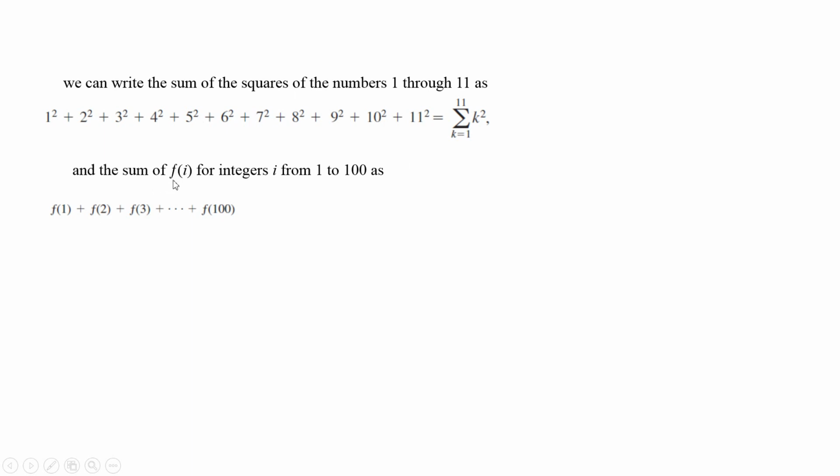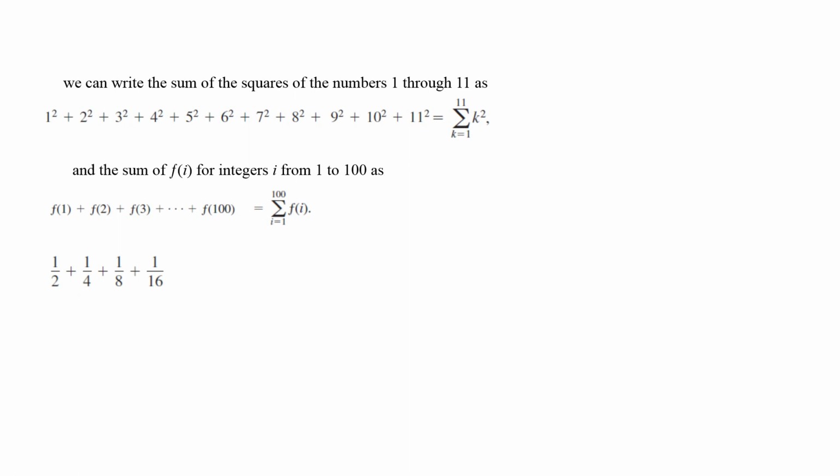But in this case, the sum is fi for integer i, so we have to find the ith term, which is fi. So let's see how it looks. Here is the sigma notation for this sum: sigma, i varies from 1 to 100. The index here is i, and the ith term is fi. The initial point where the index starts is 1, and it ends at 100.